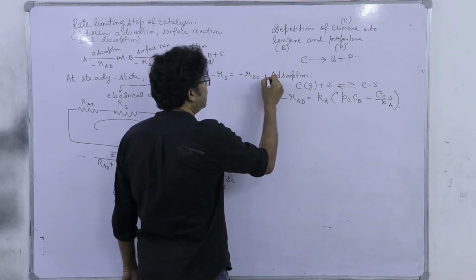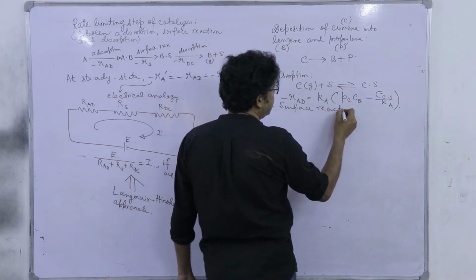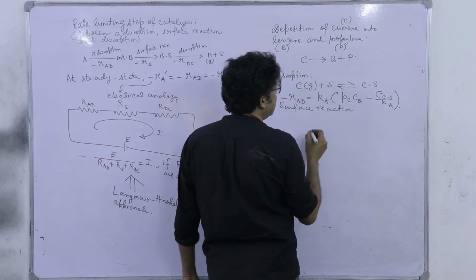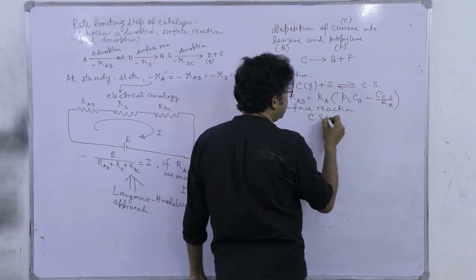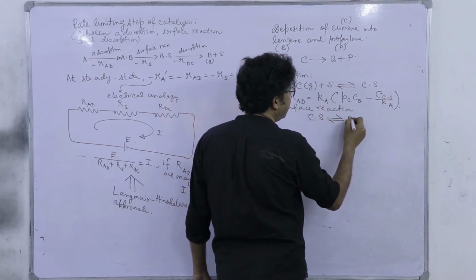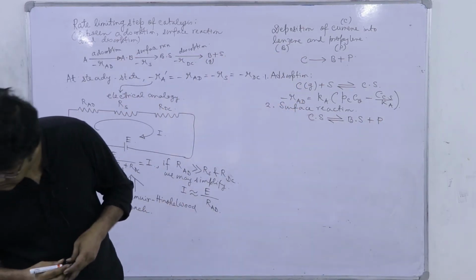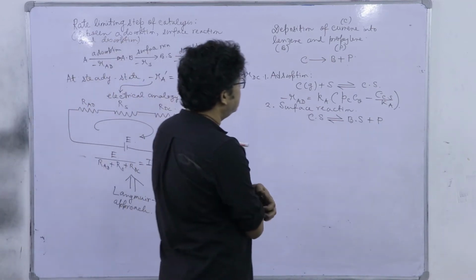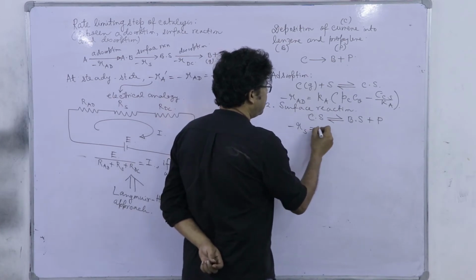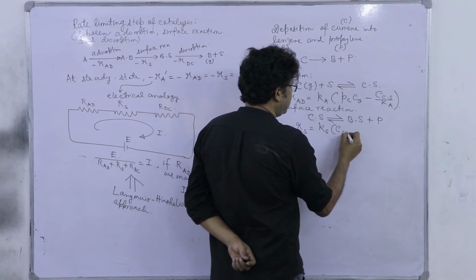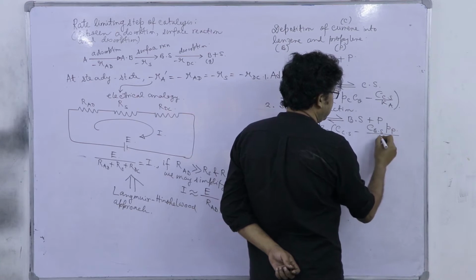Next we have the surface reaction, C dot S giving B dot S plus P. This is the surface reaction step. P is liberated in the form of a gaseous product. So, minus of Rs is Ks, C of C dot S minus C of B dot S, Pp divided by Ks.